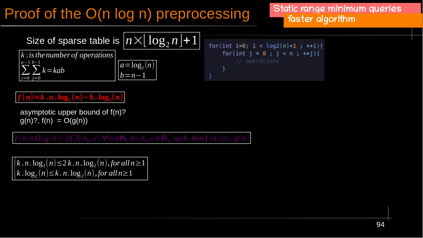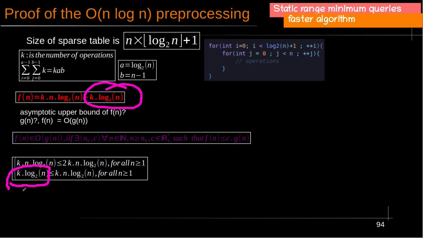For the second part now, for this one, k times log base 2 of n is less or equal to k times n times log base 2 of n for all n greater or equal to 1.